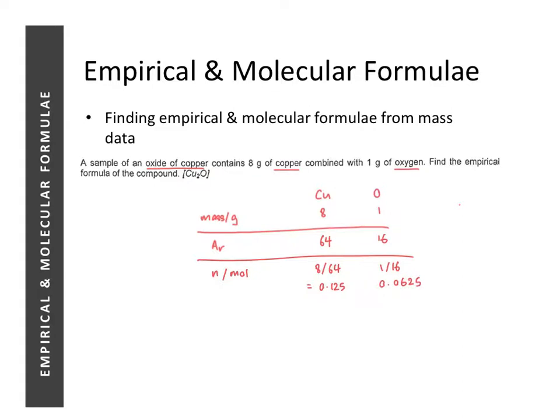After finding the number of moles of copper and the number of moles of oxygen, in order to get the empirical formula, we need to get the ratio of the two. How do we get the ratio? It is to identify the element with the smallest number of moles, which is this. To find the ratio, all we need to do is to divide all the number of moles by the smallest number there.